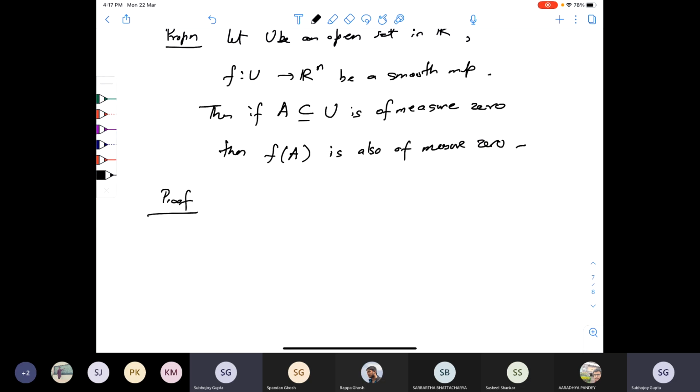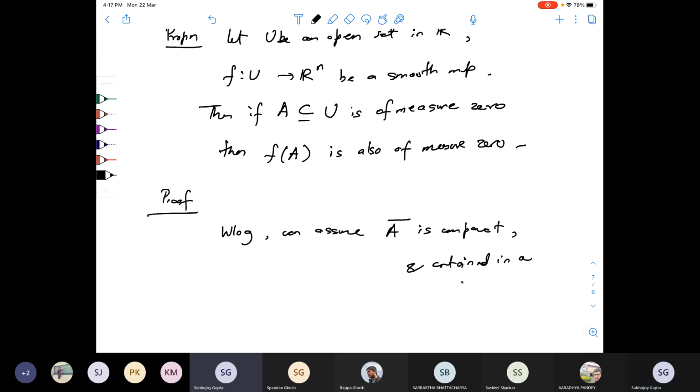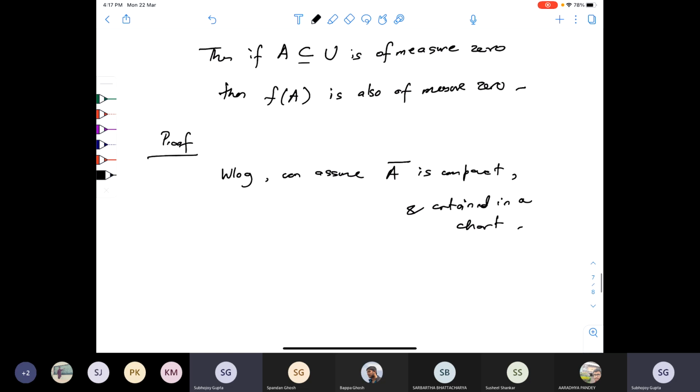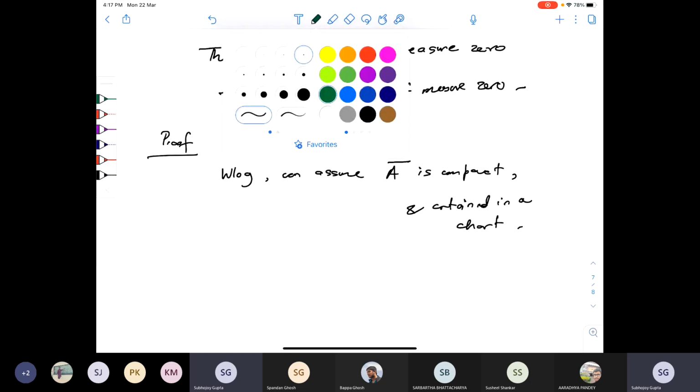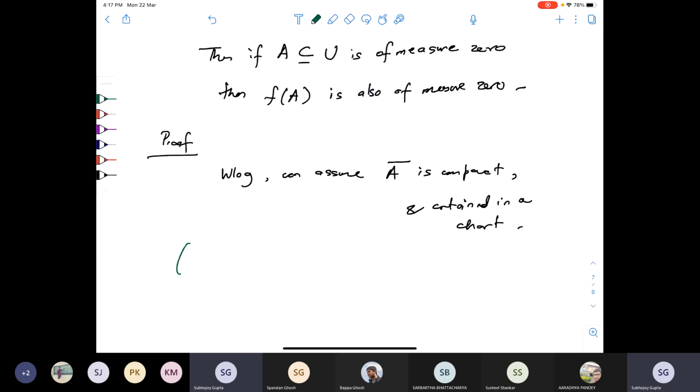First of all, I claim that without loss of generality, you can assume that this set, in fact its closure, is compact and contained in a chart. Why? Because otherwise you can just decompose it into a countable union of things which satisfy this.